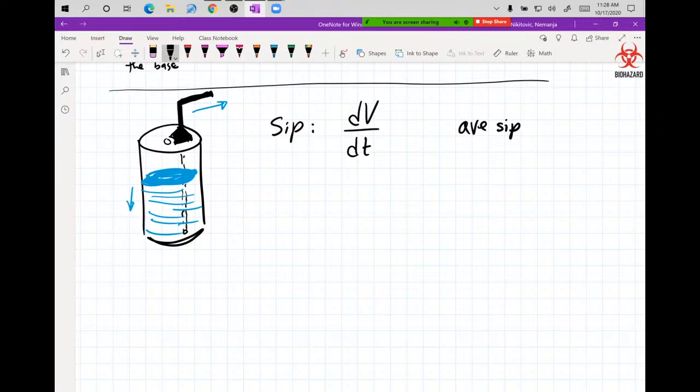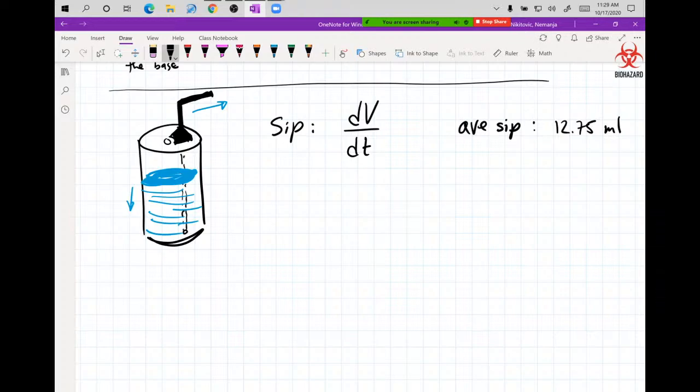Different values for a normal sip size have been reported in the literature. An average of 12.75 milliliters for a single sip of water, with a range of 4 to 29 milliliters. Someone else reported 25 milliliters for men and 20 milliliters for women, and then it keeps decreasing from there. I'm just going to go with the 12.75 average. I don't care. But this is something.